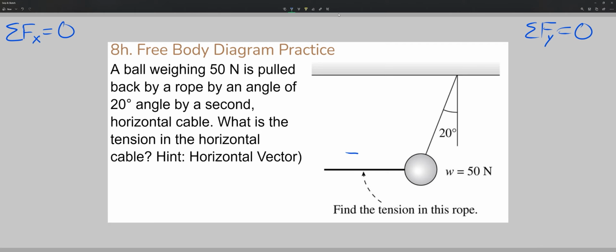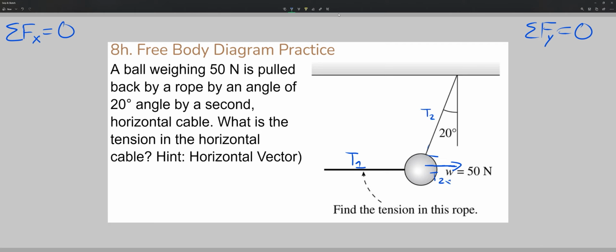And so we want to find the tension here. I'm going to call this tension 1. The rope here also has a tension, and there's a vector this way. I'm going to call this second rope tension 2.